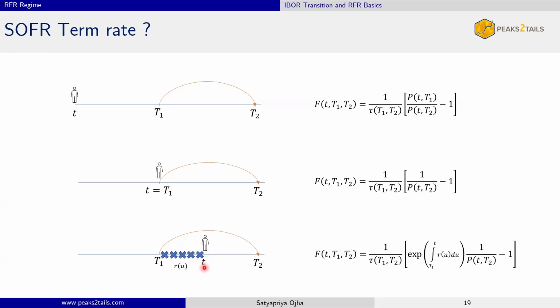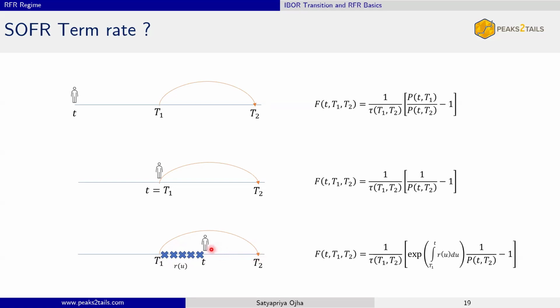So when you are in between T1 and T2, somewhere here, this is a very peculiar position. At this point, you have partial fixings available to you. Whatever has happened before, between T1 to T, all the Sofr rates have been published. So these rates have been realized. The future Sofr rates are not realized.